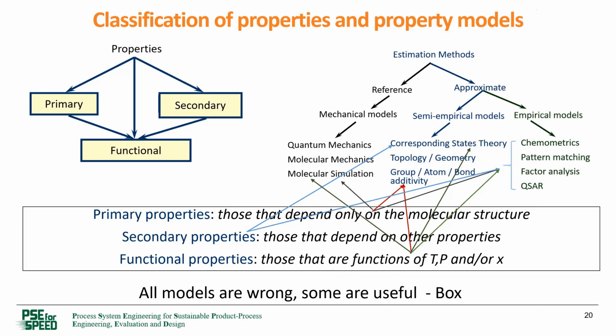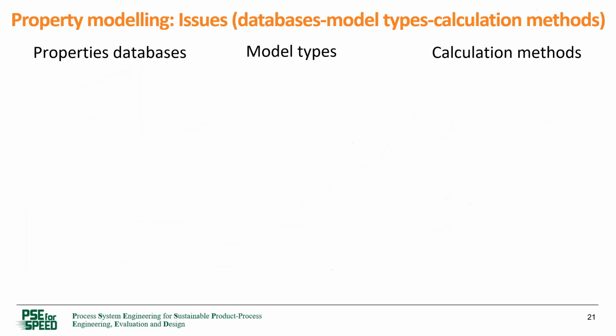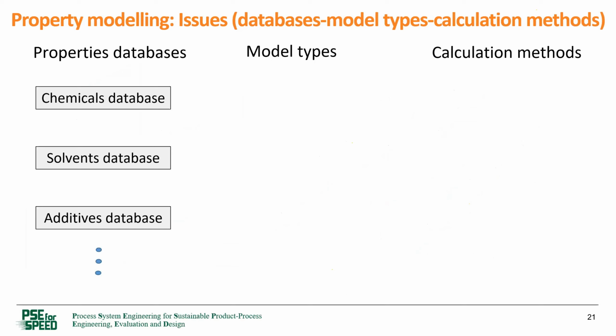So in order to develop a model, we need data, we need model equations, and we need to regress the parameters. So we need databases. What kind of databases? All kinds: chemicals, solvents, additives. There are all kinds of data that are available, and chemicals can be classified, so we need databases.